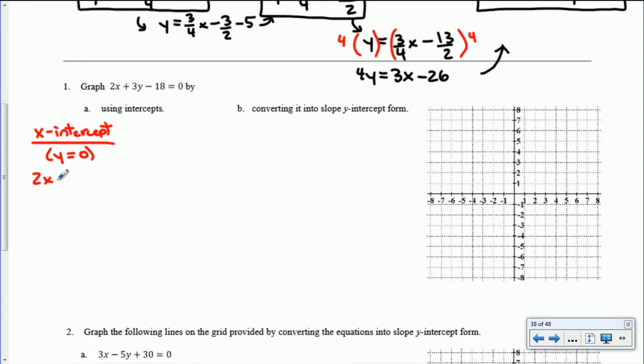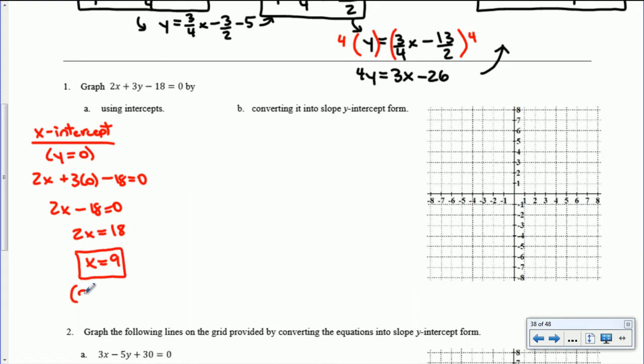So 2x plus 3 times 0 minus 18. That just goes to 0, so I get 2x minus 18 equals 0. I bring the 18 to the right by adding 18 to both sides, so 2x equals 18. Last, divide both sides by 2. 18 divided by 2 is 9. So our x-intercept will happen at (9, 0).